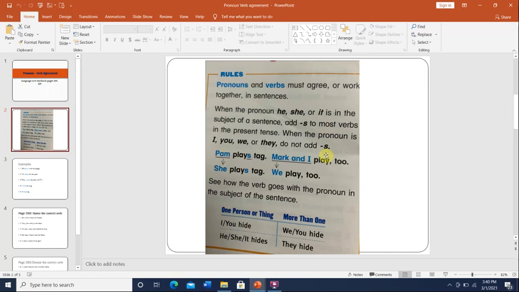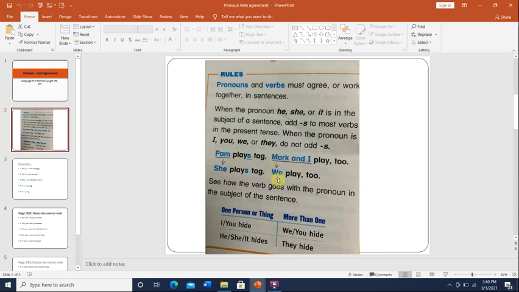Okay, let's see an example. For example, we have Pam plays tag. Pam is one person and she's a girl. So what do we do to the verb? We add an s. Pam plays tag, or we can say she plays tag. What about if the sentence is about more than one person? Mark and I play too. Mark is a person and I am another person.